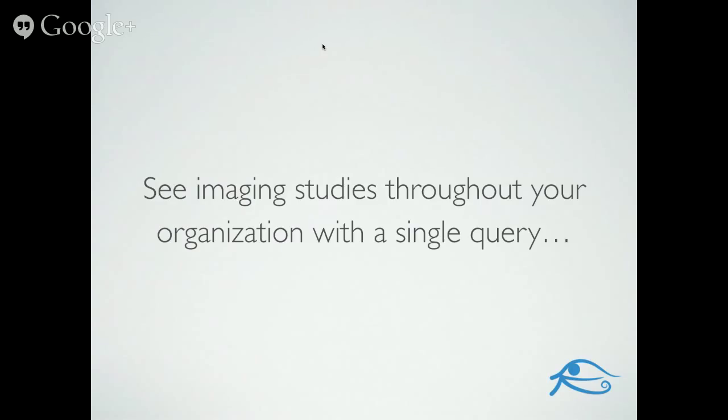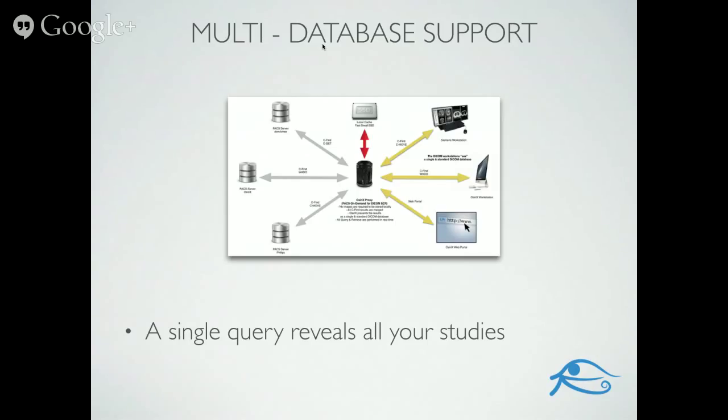So the first capability that Pixmeo has built into OsiriX 6.0, which is really powerful, is the ability to see imaging studies throughout your organization on multiple PACS systems through a single query to your OsiriX application. A good example of this is a graphic that Antoine Rosset had posted. In this graphic, we can see a single OsiriX proxy, as Antoine referred to it.